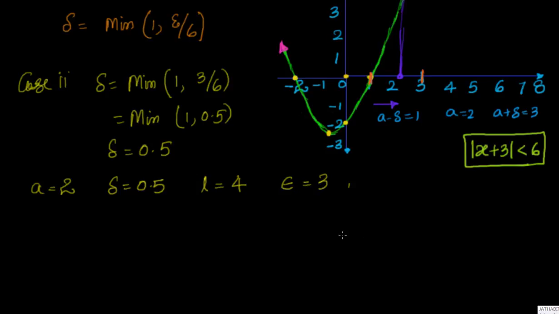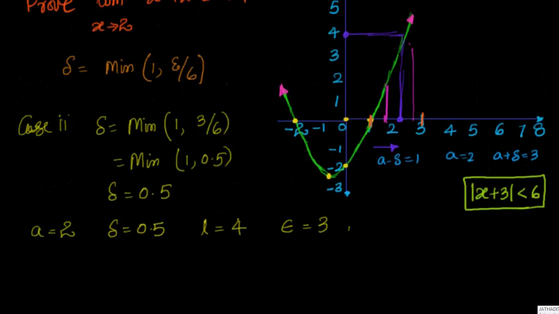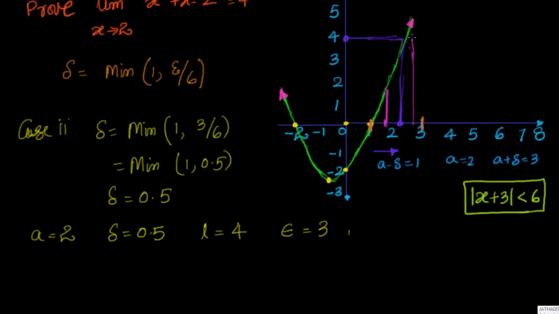So if I graph this, delta is 0.5, that means I am here at 1.5, and another one is 2 plus 0.5, that means I will be going to 2.5. So this is 1.5, this is 2.5.